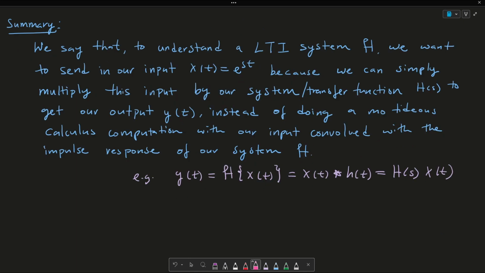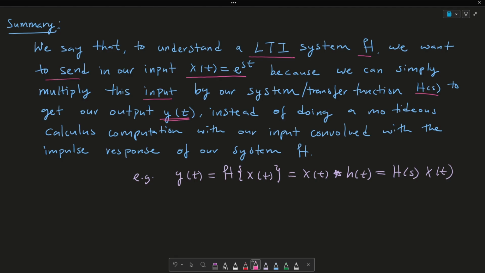Okay, before I end the video, what I want to do is summarize the whole point of the video. Essentially, to understand an LTI system H, we want to send in our input x of t equal to e to the st, because we can simply multiply this input by our system slash transfer function h of s to get our output y of t.